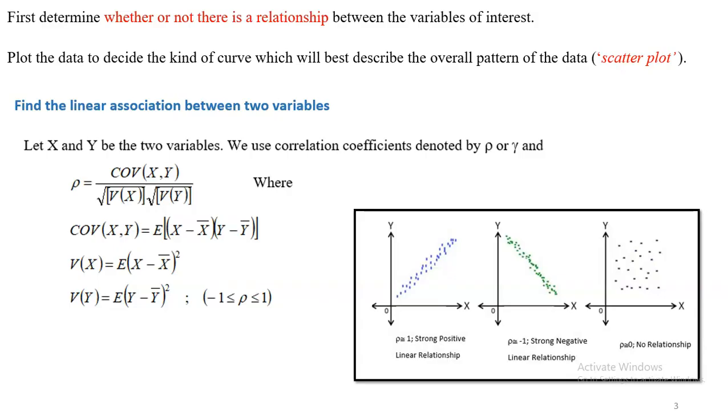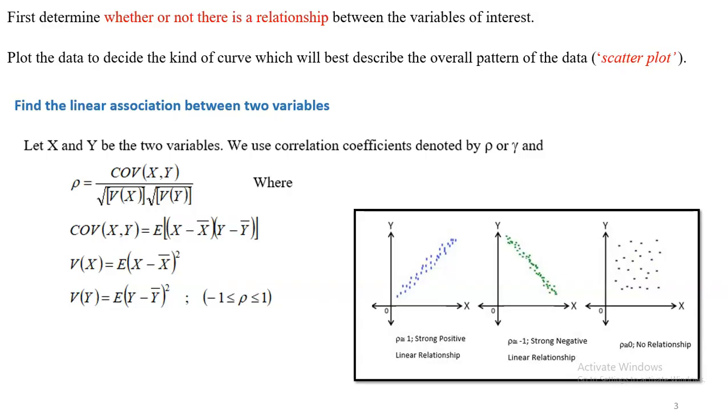So it is a strong negative relationship because it happens to all the points that we have plotted. So we call it a strong negative, again a linear relationship. In the third one, you cannot see an obvious pattern in the data, so we say that there's no relationship visible.